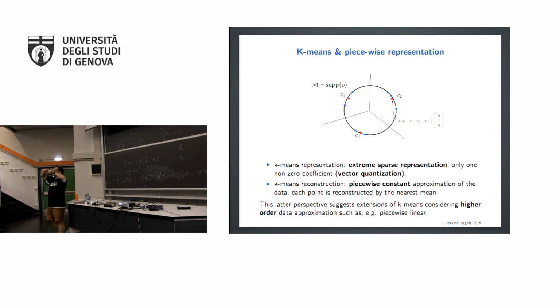Quantization. If you have a function, okay? You're basically dividing the domain of the function into sets, into intervals, and in each interval you take a constant. Here, rather than a constant, you take a vector, the center of mass. But it's very similar to a piecewise constant approximation of the set of points. Imagine it as a surface, as a circle. You basically replace the circle with a set of points.